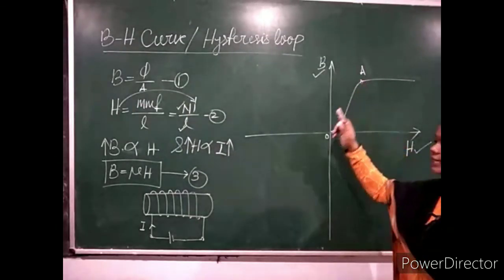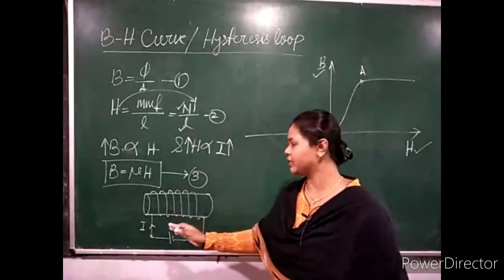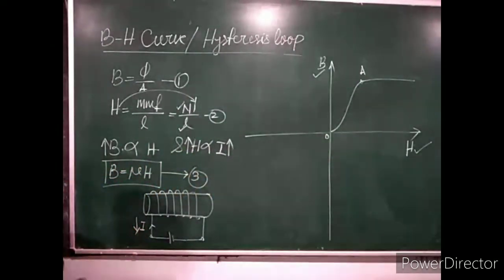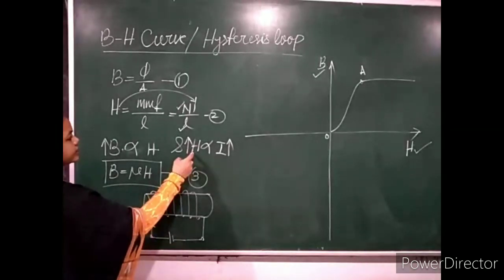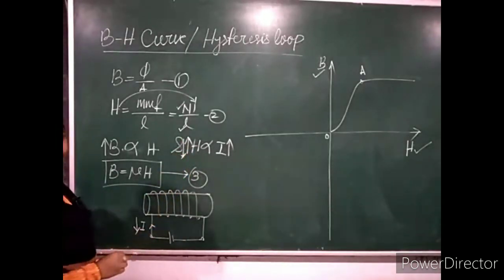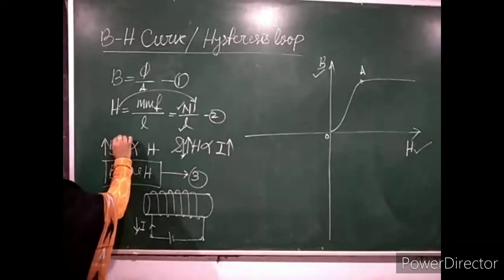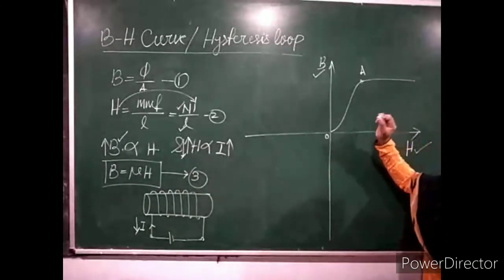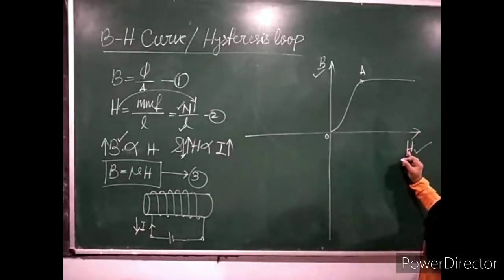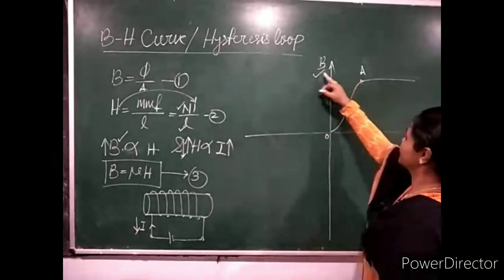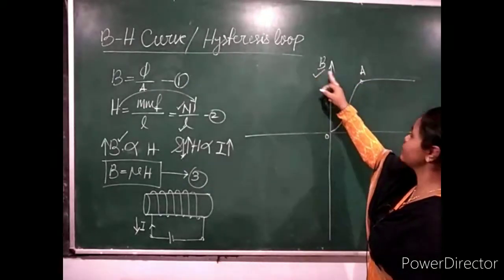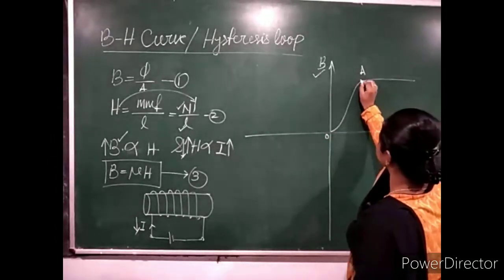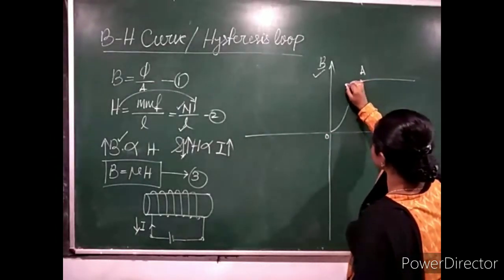Then in the second step, if you decrease the current, the flux intensity decreases. And what is its effect on the flux density? Let's see here. If you decrease the current, intensity decreases, but the flux density never follows the same path along which it increased. It decreases in this way.